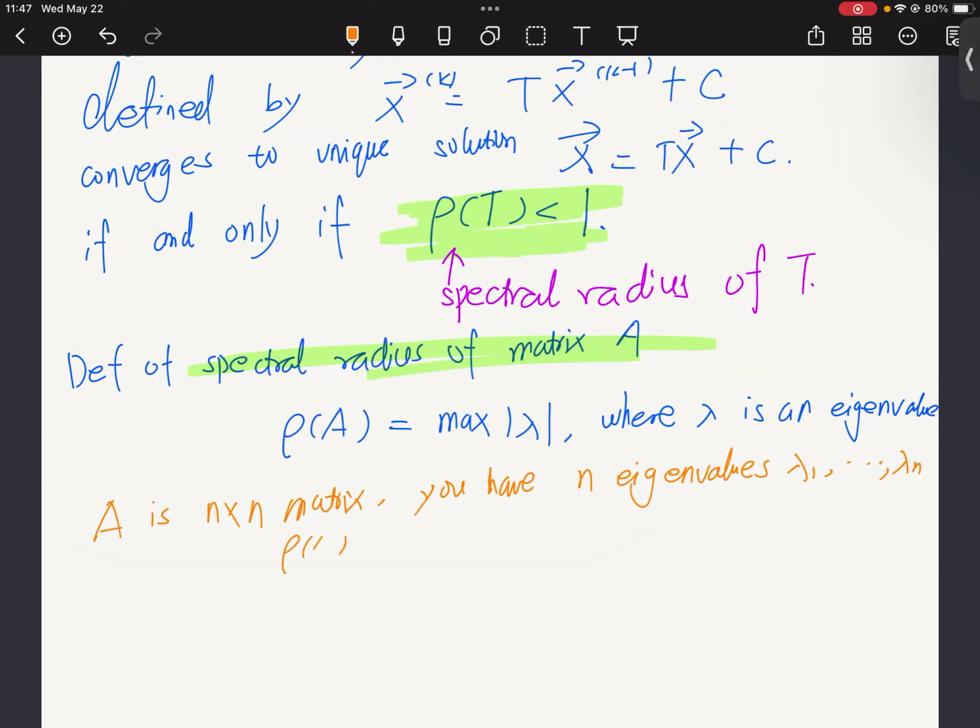And then rho A is just the maximum among lambda 1, lambda 2, through lambda n, taking the magnitude or absolute value, because the eigenvalue could sometimes be a complex number. It depends on the matrix you have.